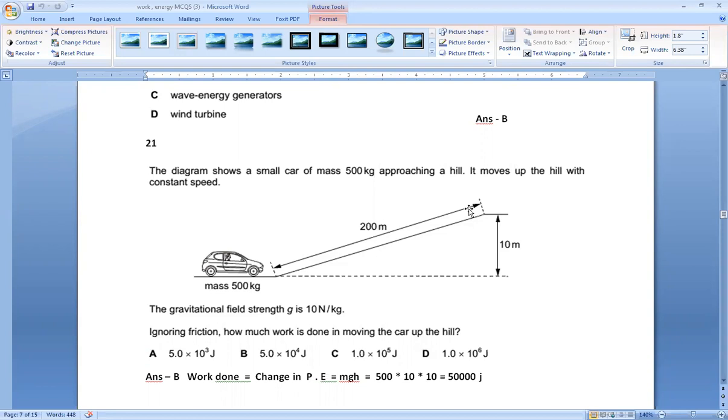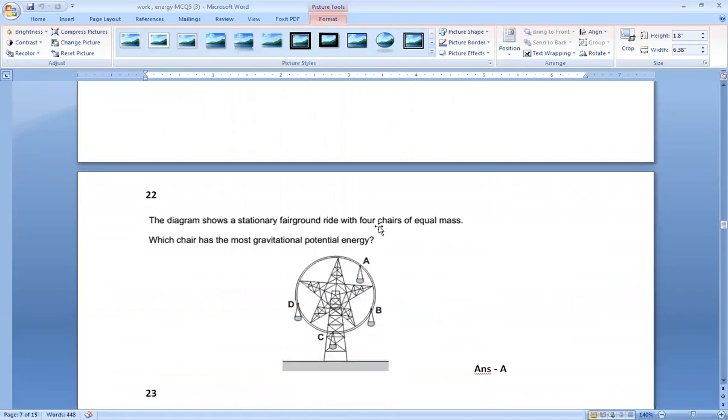So you just have to calculate the change in potential energy, that is mgh. That gives you 500 into 10 into 10, that is 50,000 joules, because force is not given. If force is given along the plane, then we can use F into D.